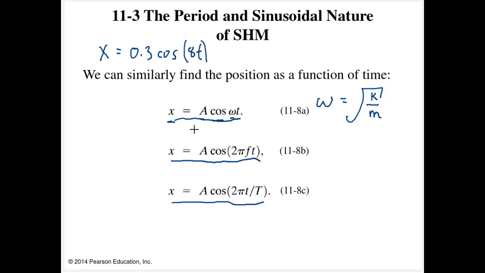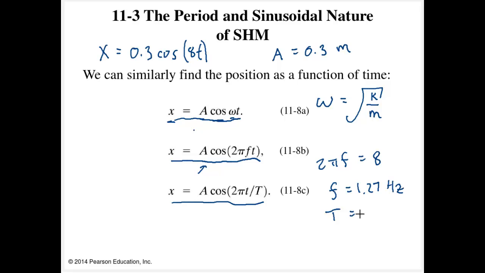We can simply look and say that the amplitude is 0.3 meters, and 2 pi multiplied by the frequency must be equal to 8, so the frequency is 1.27 hertz, and the period will then be 0.785 seconds.